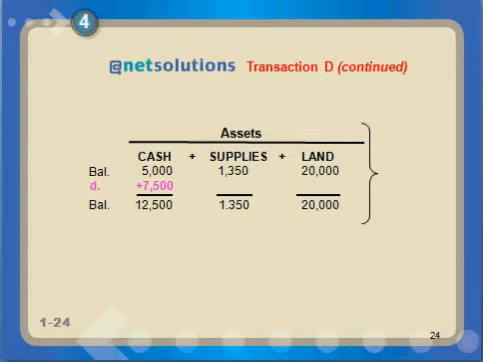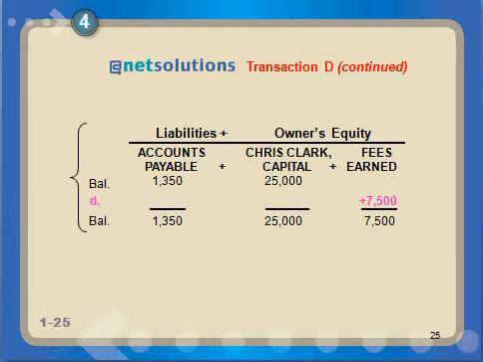So if we add up the left-hand side, we get a grand total of $33,850. And let's take a look at our right-hand side. We have $1,350 in accounts payable for the supplies.